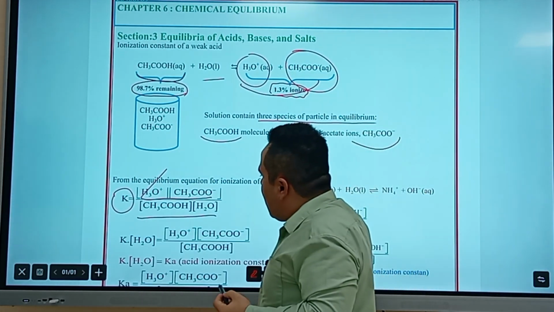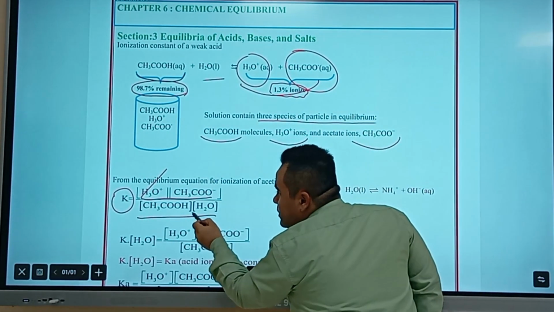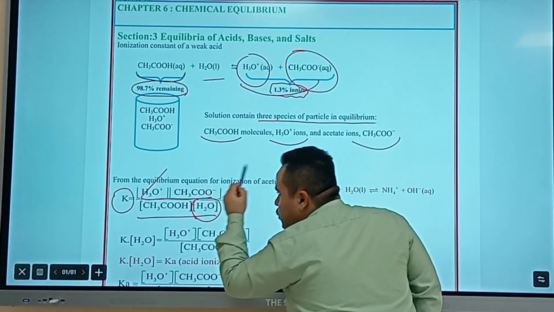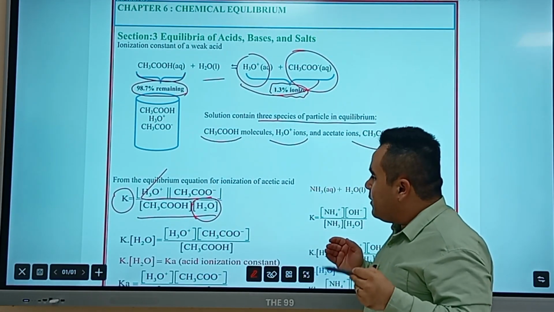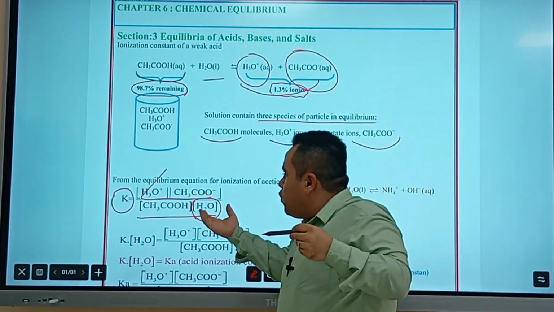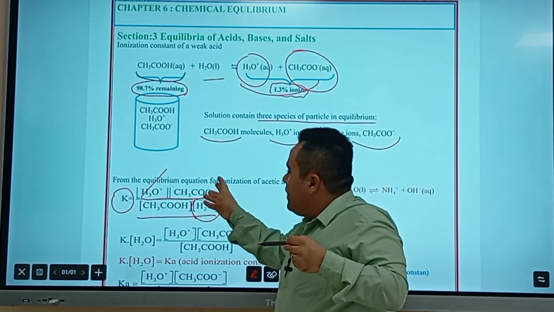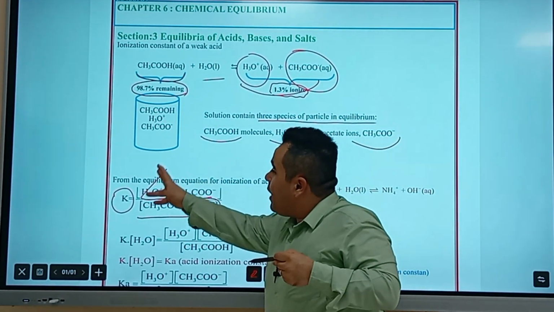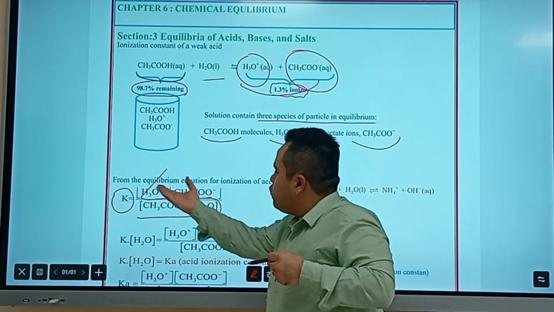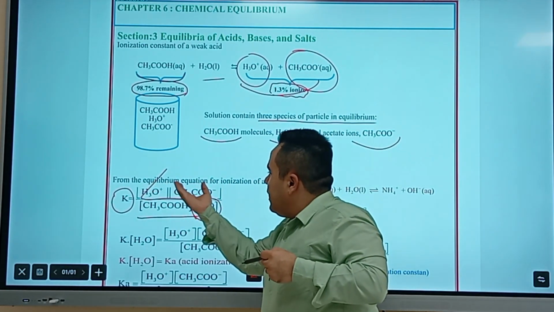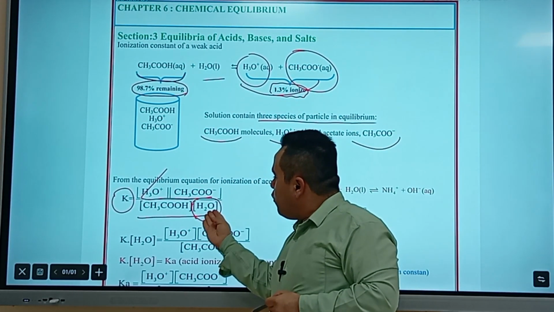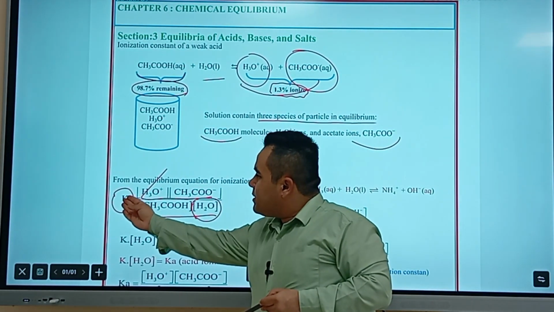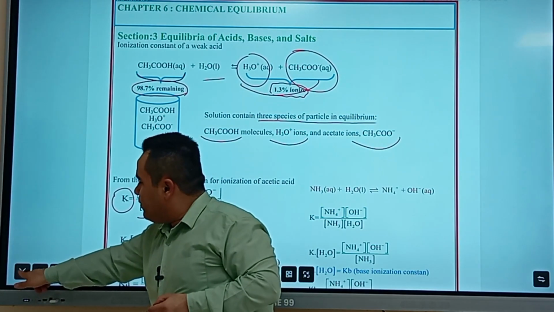But guys, you know that the concentration of H2O is constant. So we will not include the H2O as one of the variable species. The concentrations of the aqueous species vary, but this is constant. So we will take this to the other side, to be with the equilibrium constant.